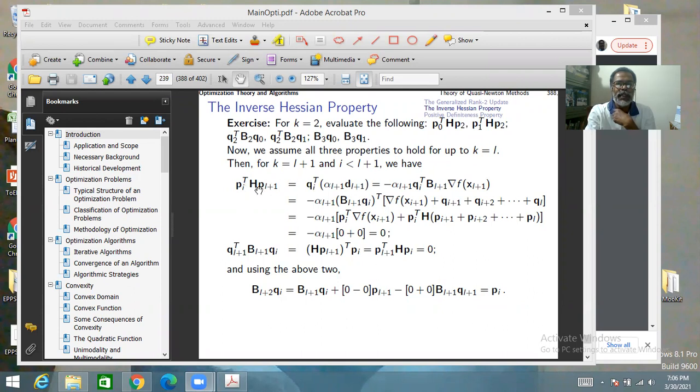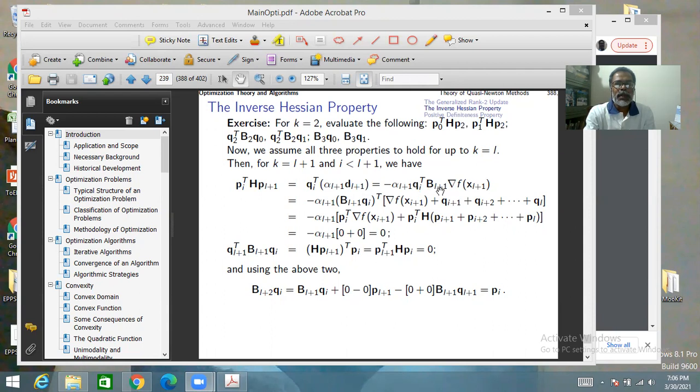So Pi transpose H is Qi transpose. PL plus 1 is alpha L plus 1 DL plus 1. Now this alpha L plus 1 is taken outside as a scalar, and this DL plus 1, the direction, is minus BL plus 1 into the gradient at xL plus 1.